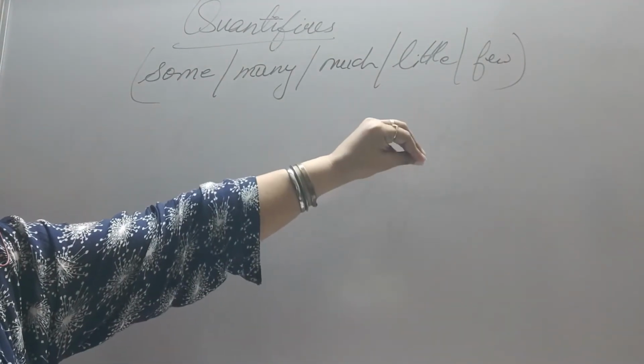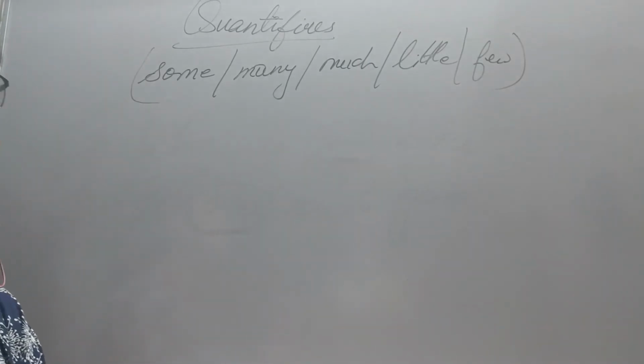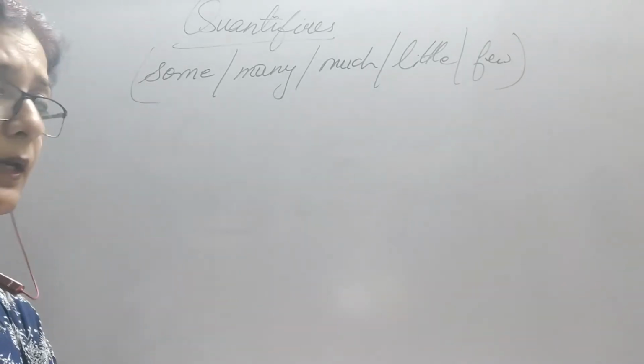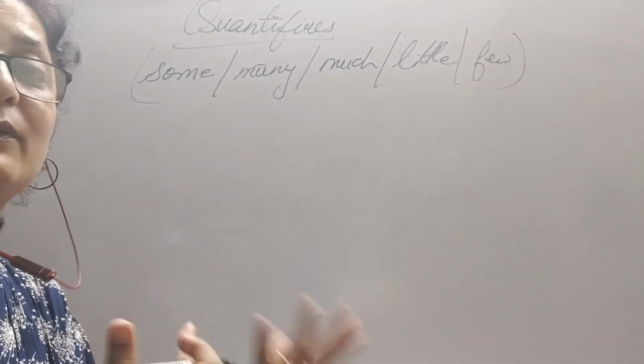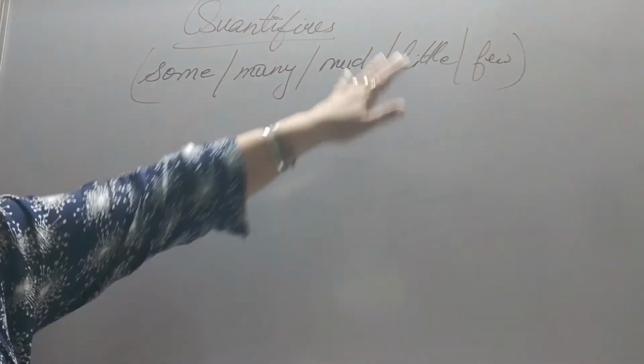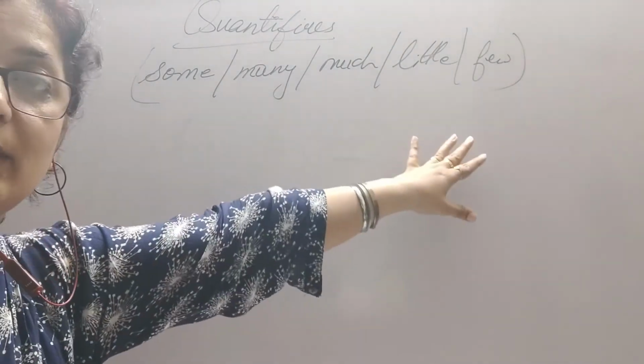There are few children in the classroom. When we mention few children, that means we can count those children. Whereas little children here means small children, but we are talking about the number of children. In that case, there is little milk in the glass. There is few milk in the glass?